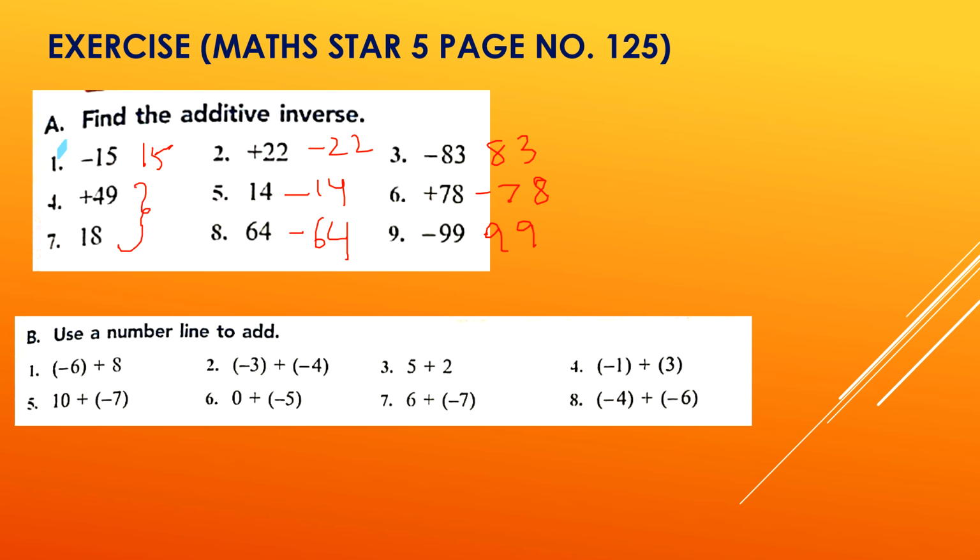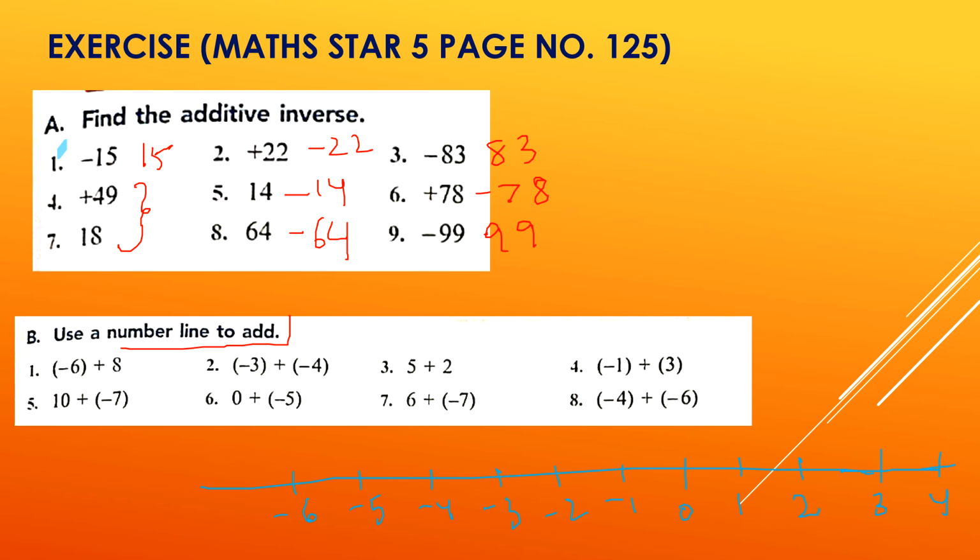Now here, use a number line to add. Just like the previous one that I have shown, you can do that. Make a number line. Let me show you for the first one, that is -6 plus 8. So let us say this is the number line. This is your -6. Make the numbers -5, -4, -3, -2, -1, 0. And then here we got 1, 2, 3, 4.